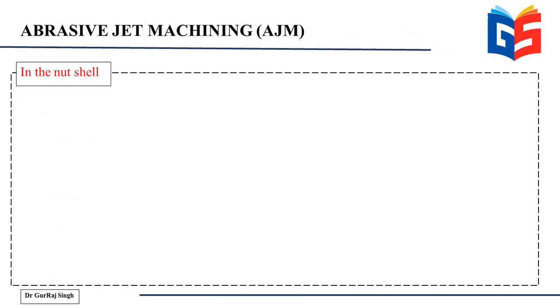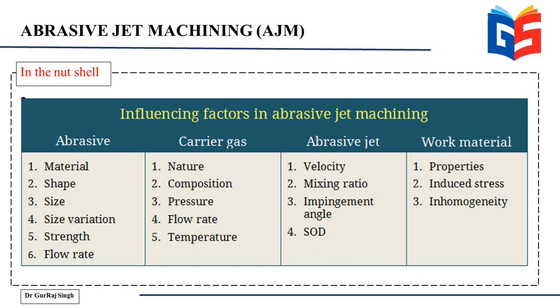So finally, what we conclude is that these are the most important parameters related to the various factors. First of all, you have the abrasive related parameters: the material of the abrasive, the shape of the abrasive, the size, the variation in size, the strength and the flow rate.